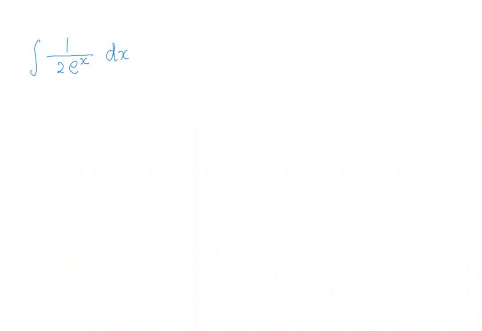You must know how to read it to help you solve the problem. So how do you read this? I read 1 over 2e to the power x as half times 1 over e to the power x. You have to read it like that.